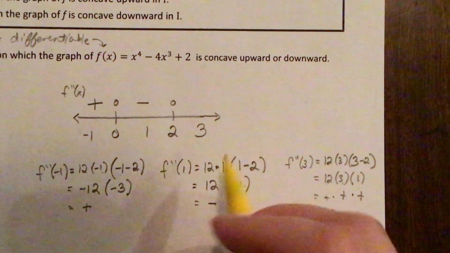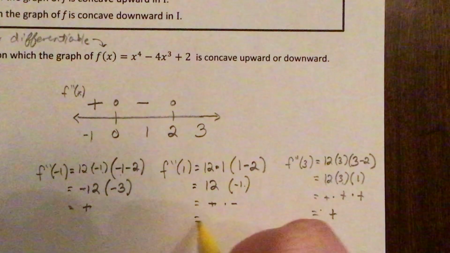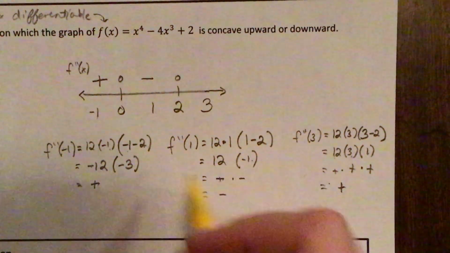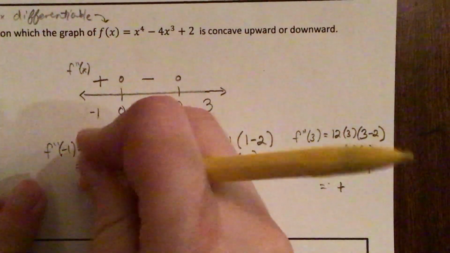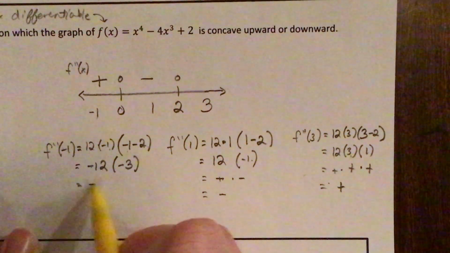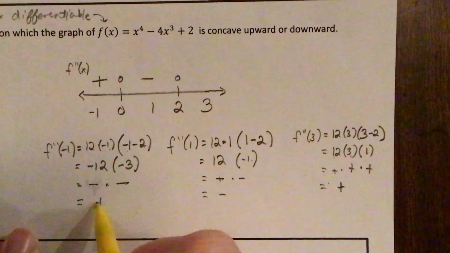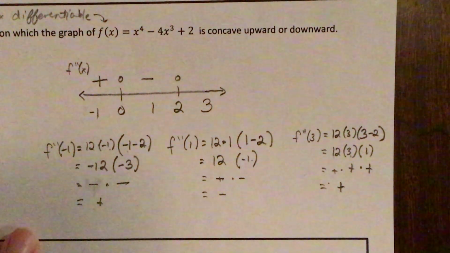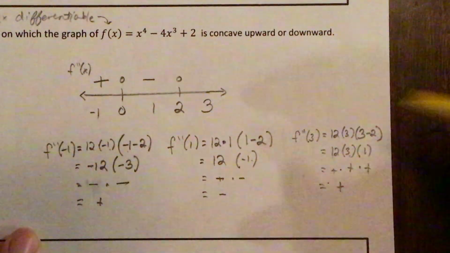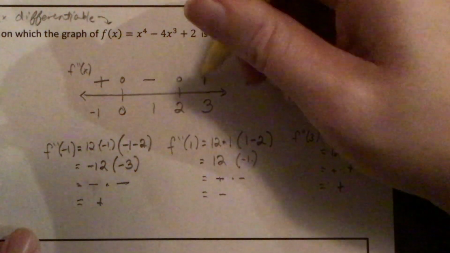What I did here was positive times negative is negative. What I did here was negative times negative is positive. All right. So f double prime of 3 is positive.